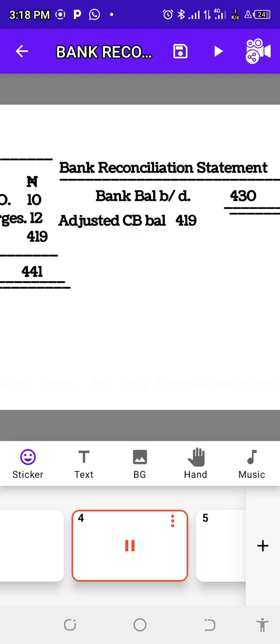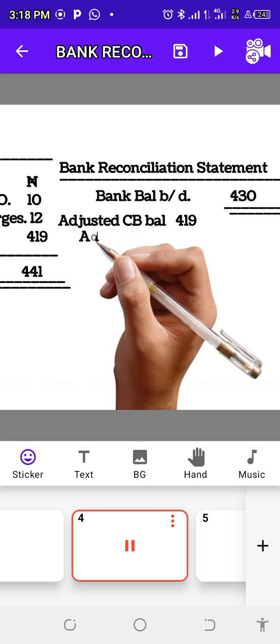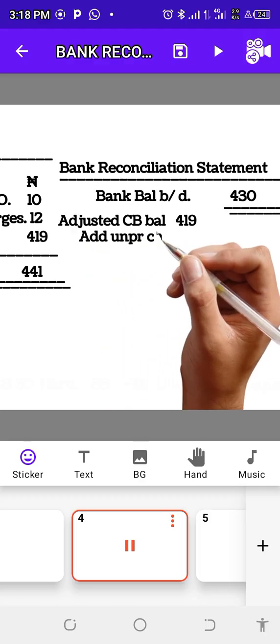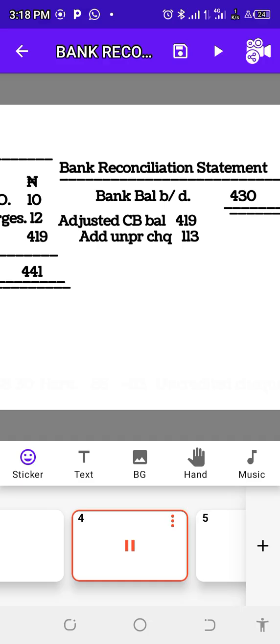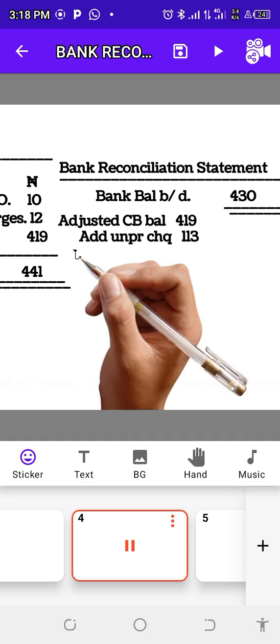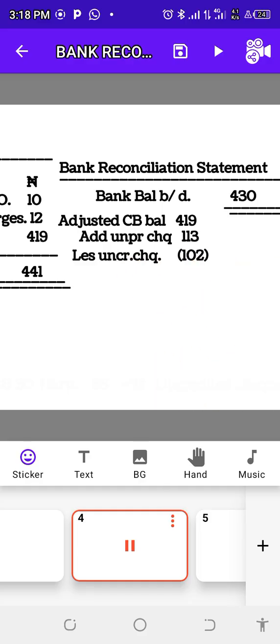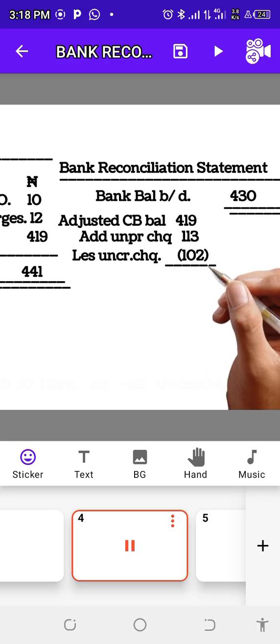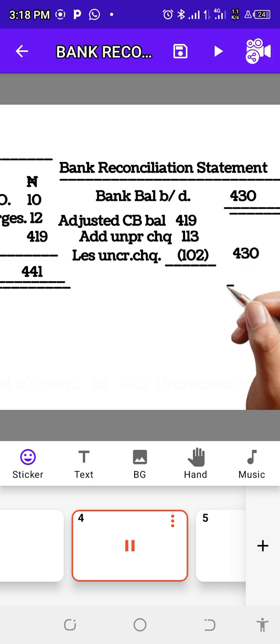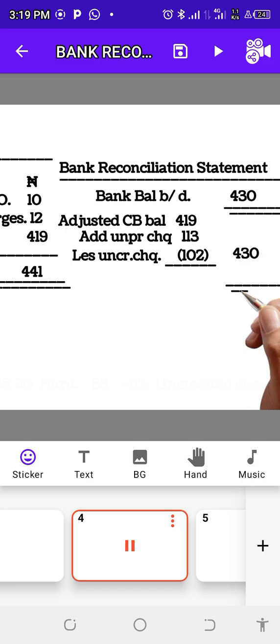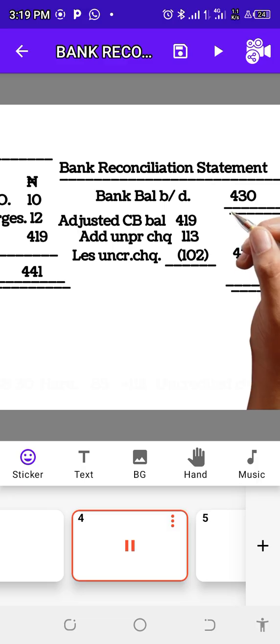Then what are we going to add? Add unpresented cheques. There are two, which is 113. Then you less uncredited cheques. These uncredited cheques are 102. 419 plus 113 minus 102 will give you 430.